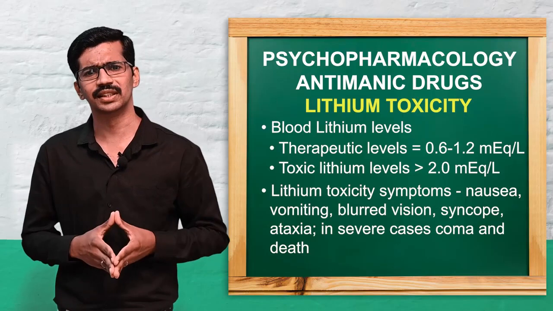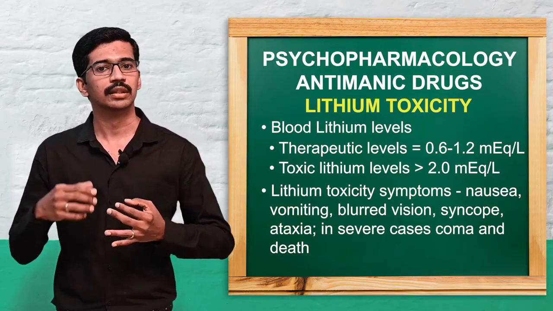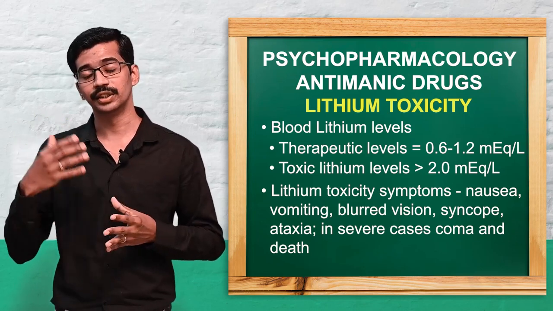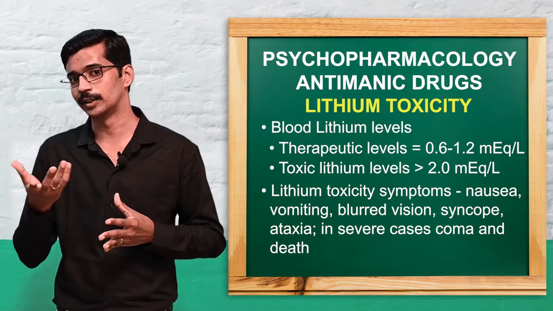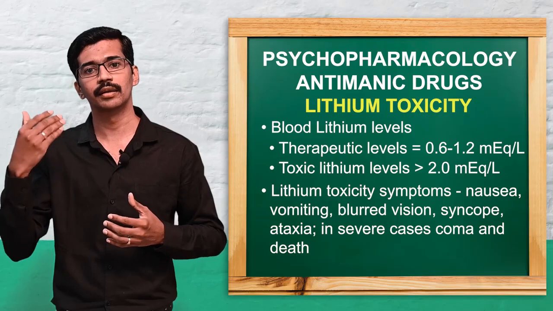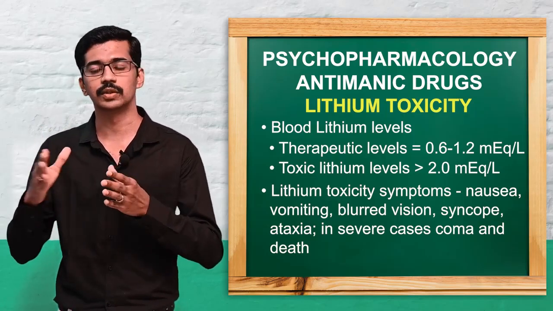In lithium toxicity, the patient may have nausea, vomiting, then blurred vision, syncope, and in severe cases ataxia, lack of muscle coordination, and it can go to coma and death. That is a severe complication of lithium toxicity.